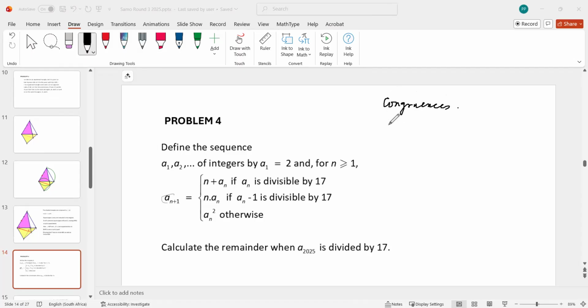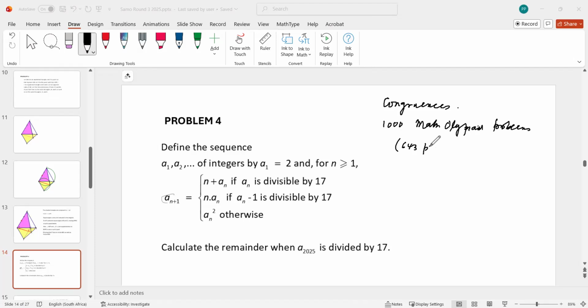If you got a copy of my book called 1000 Mathematics Olympiad Problems, this book is quite a voluminous book.